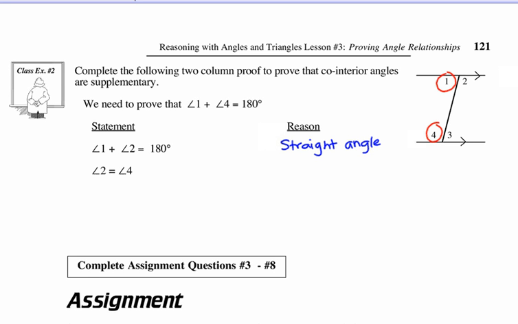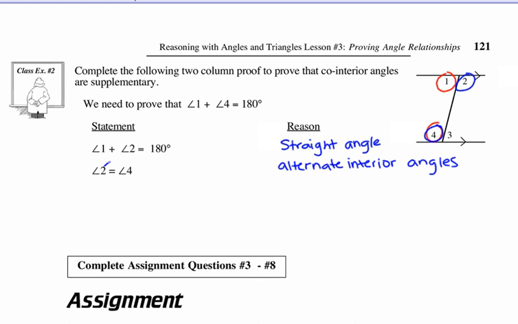And we know 2 equals 4. What do we call 2 and 4? They are alternate interior angles, and alternate interior angles are equal. So if we know 1 plus 2 equals 180 and angle 2 is equal to 4, then what can we replace?